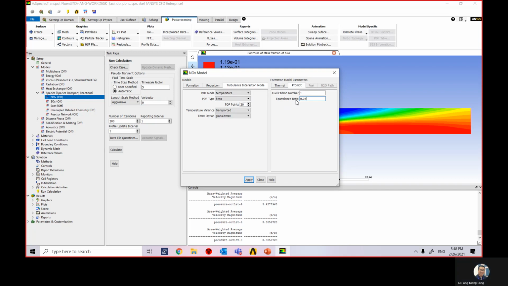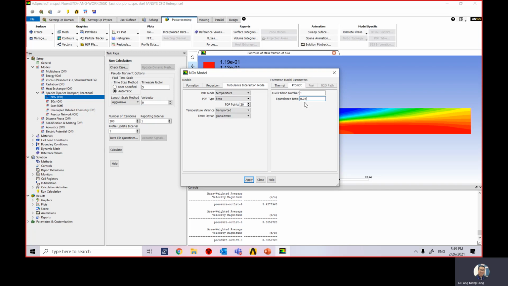All right. So what does this number mean? It relates to the fuel carbon number. What is the fuel carbon number? The fuel carbon number is the number of carbon atoms per molecule, meaning one carbon in the molecule. The equivalence ratio defines the fuel to air ratio.